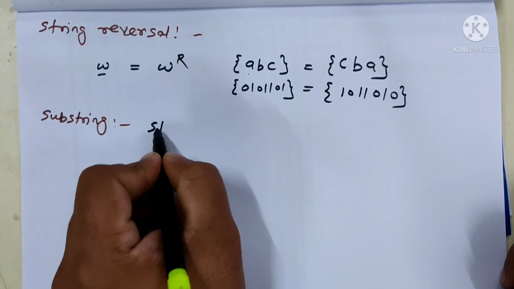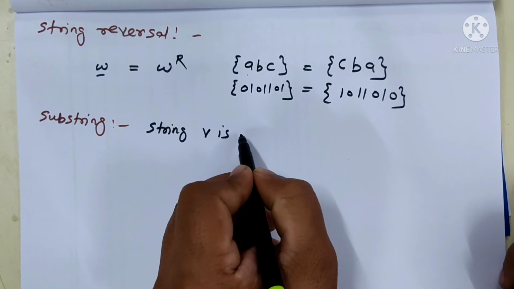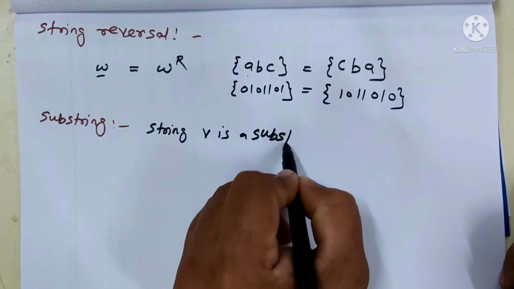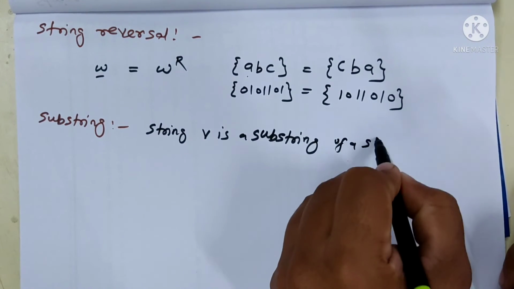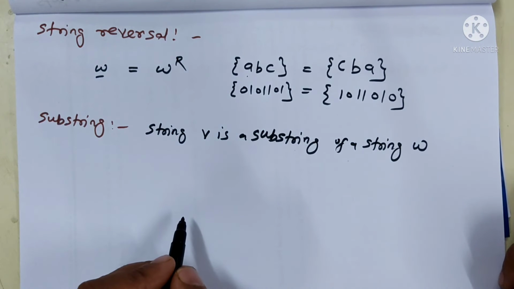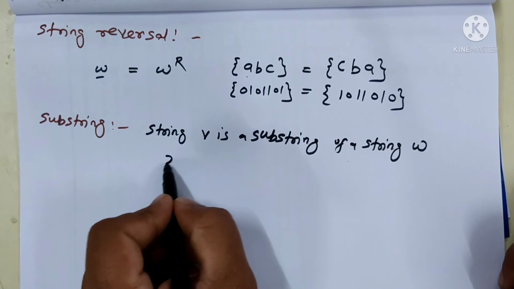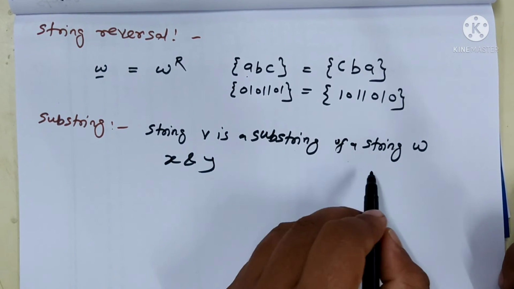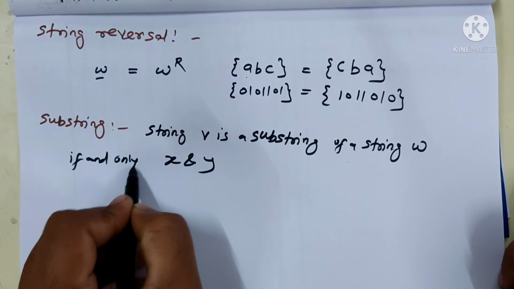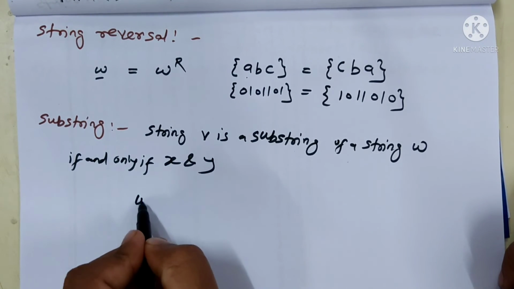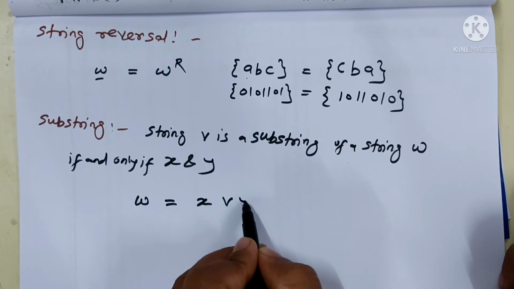Suppose v is a substring of a string w if and only if there are strings x and y such that w equals x v y. This means that x is the starting string, v is the substring, and y is the ending string.